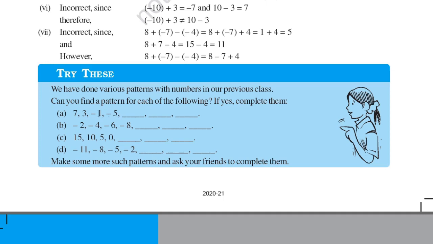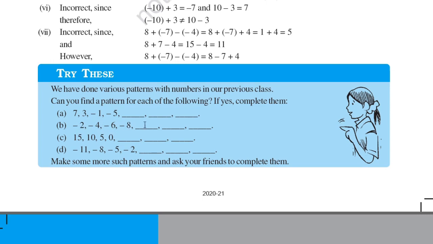Minus 5 minus 4 is equal to minus 9, and then further minus 13, and then minus 17. Here also, minus 2 each time: minus 2 minus 2 is minus 4, minus 4 minus 2 is equal to minus 6, minus 6 minus 2 is equal to minus 8, minus 10, minus 12, minus 14.